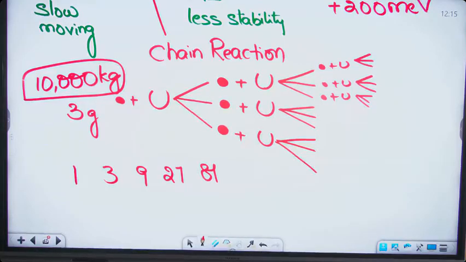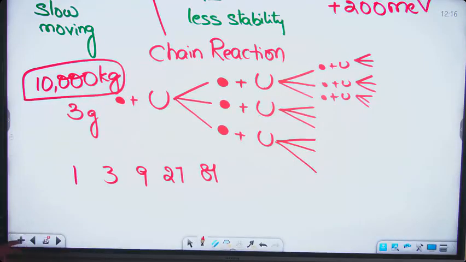Then nuclear fission is also known as a chain reaction.